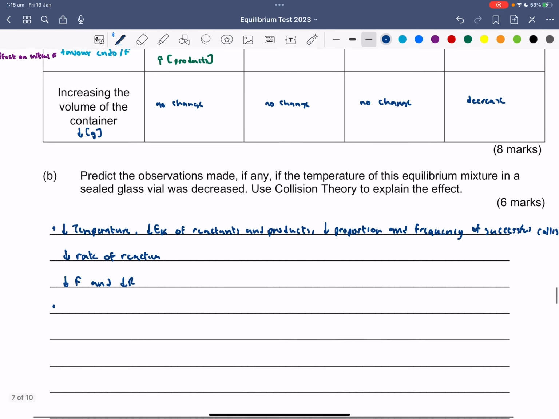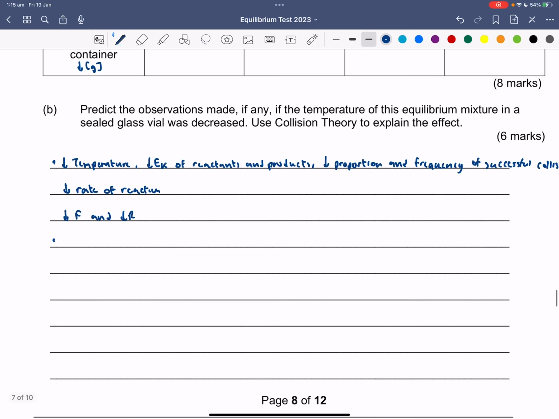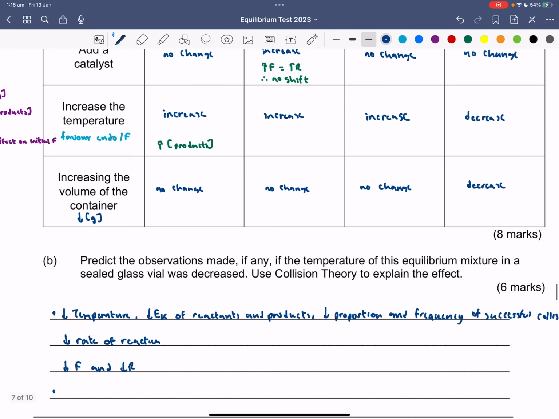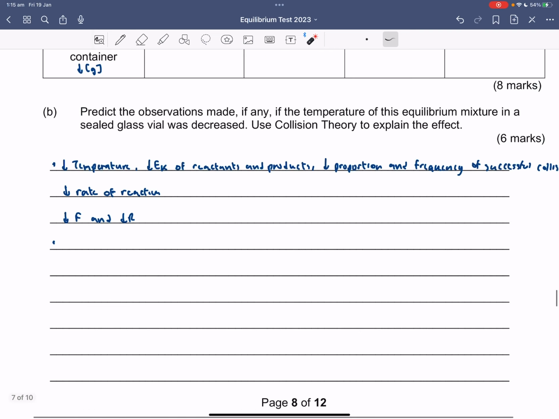Okay, so it says predict the observations made, if any, and use collision theory to explain the effect. We all know that the endothermic reaction is always more profoundly affected. So which one's endothermic? Delta H more than 0, that means the forward reaction is endothermic.